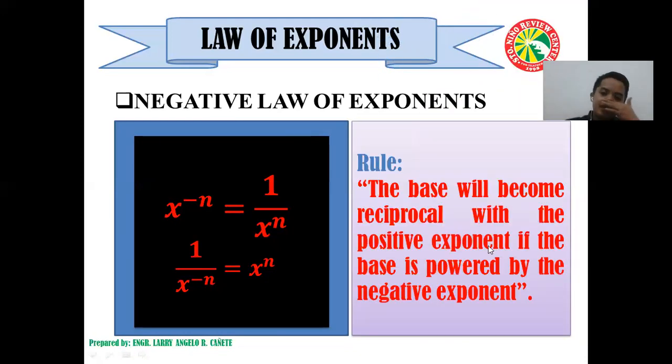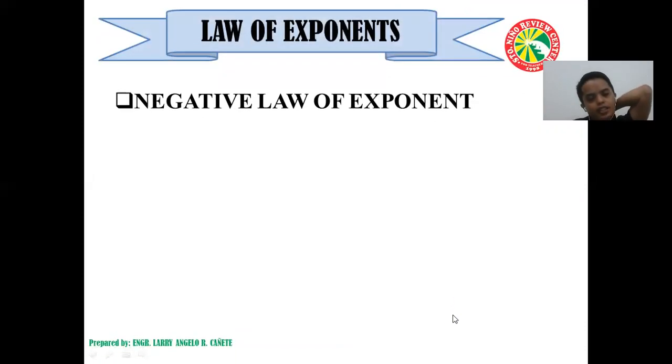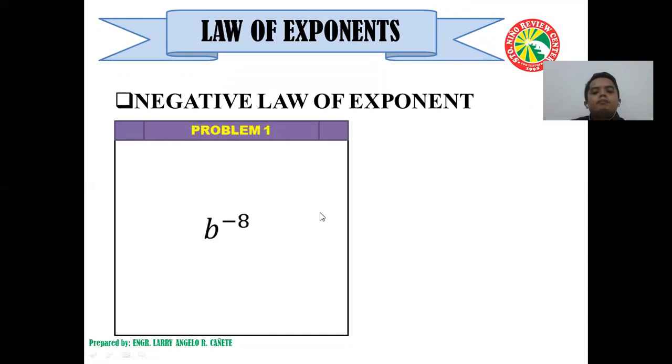So the base will become reciprocal with the positive exponent if the base is powered by the negative exponent. So let's have an example for that. b to the negative 8. So it is in the denominator and numerator over 1.